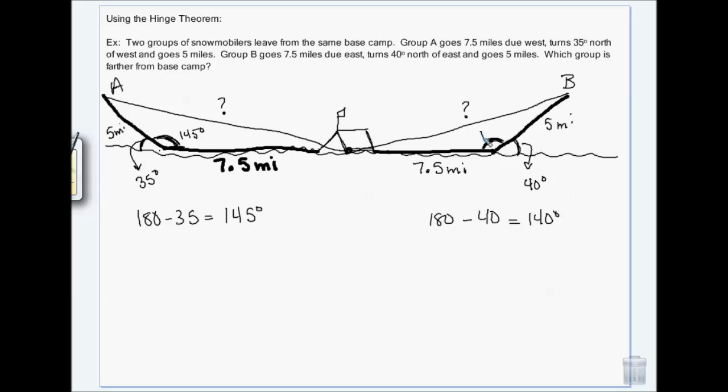So this angle is 140. So the angle for group A is larger than the angle for group B. So since 145 degrees is greater than 140 degrees, that means that group A is further. Wait, what? Oh, yep, wrong, sorry. I realized what I said. Okay. So group A would be further from the camp.